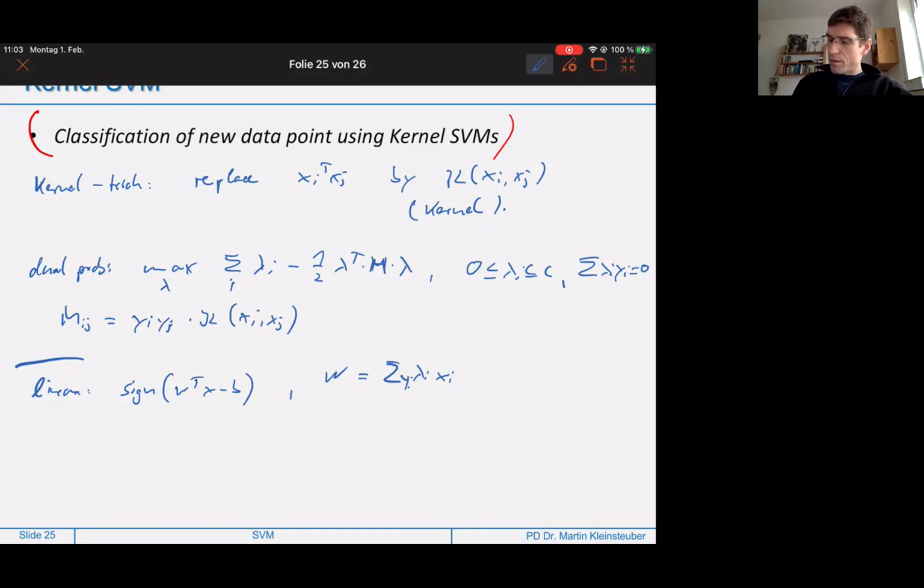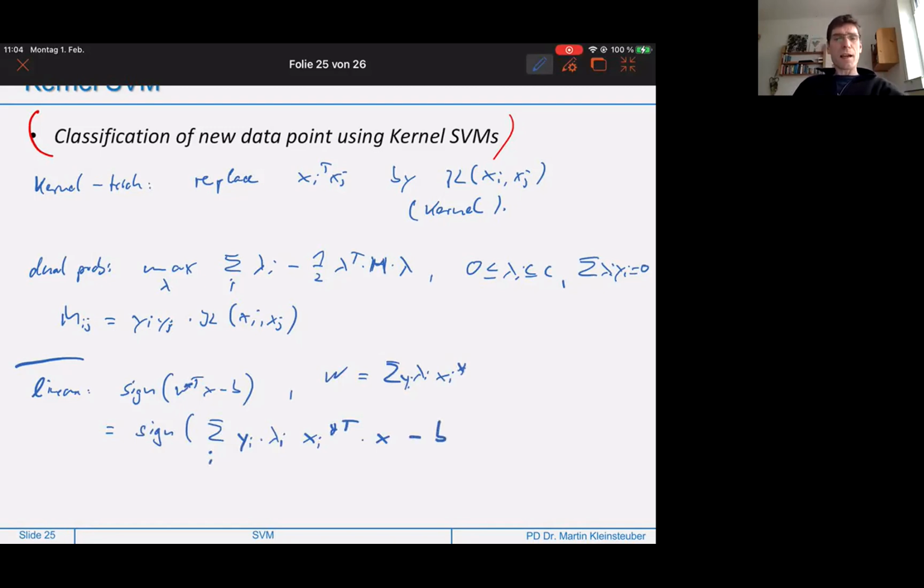If you plug that in, you will also end up with inner products. So this is the sum over i of yi times lambda i times xi star transpose times x minus b.